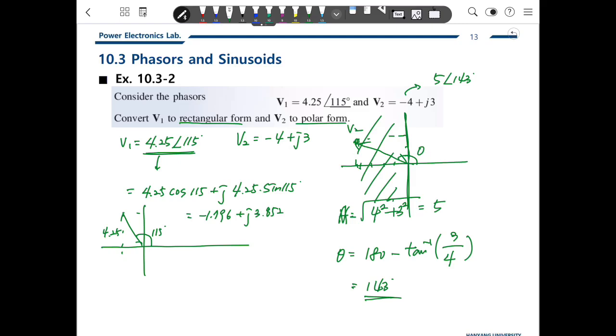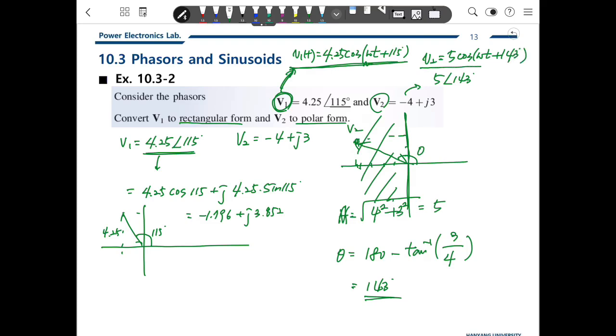So when V1 is expressed in the time domain, v1(t) will be 4.25 cosine of omega t plus 105 degrees. I don't know the value of omega because it is not given, but if V1 is expressed in the time domain, it looks like this. And V2 is 5 cosine of omega t plus 143 degrees in the time domain.